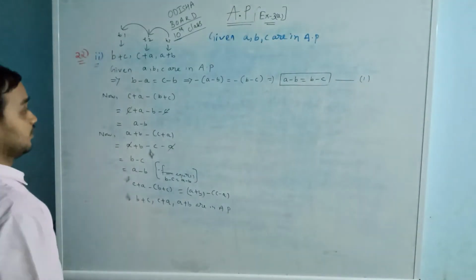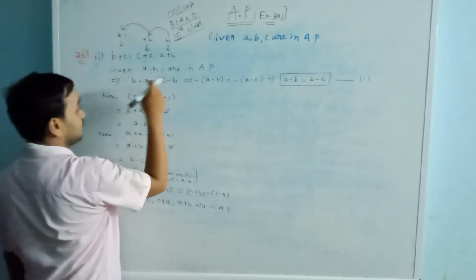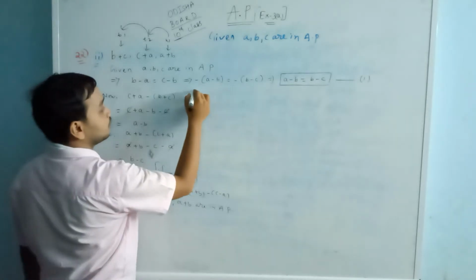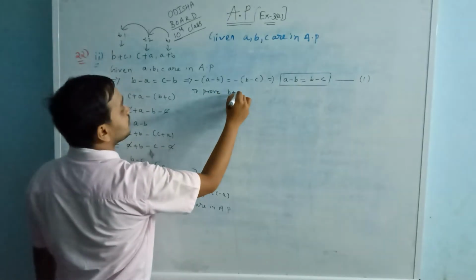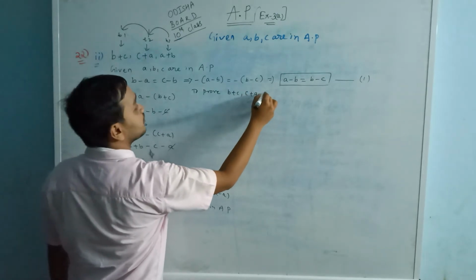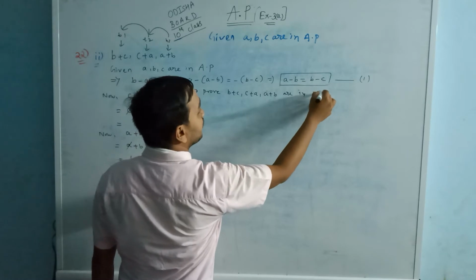Okay. If you want, then write here this next step. To prove B plus C, C plus A, A plus B are in AP.